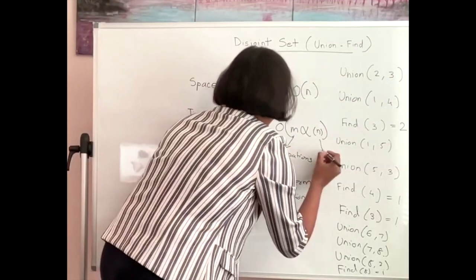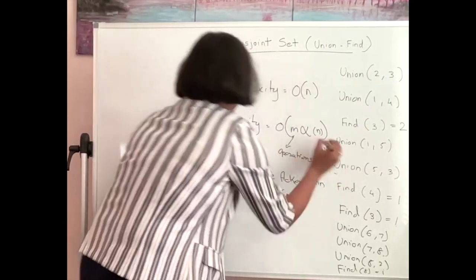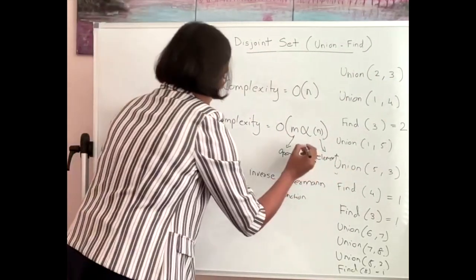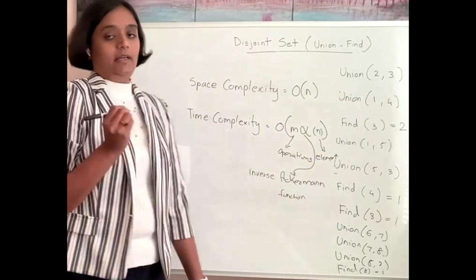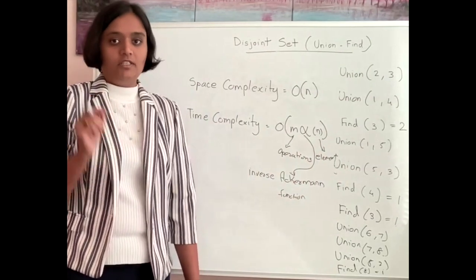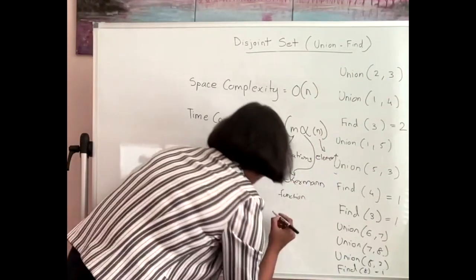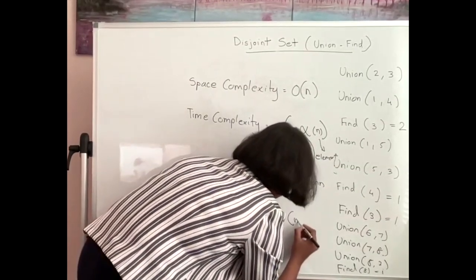And if we have total n elements, then the time complexity is big O of m alpha n. What is alpha n? It is the inverse Ackermann function, which grows at a very small constant rate. So alpha of anything is basically a constant, which reduces our time complexity to big O of n.